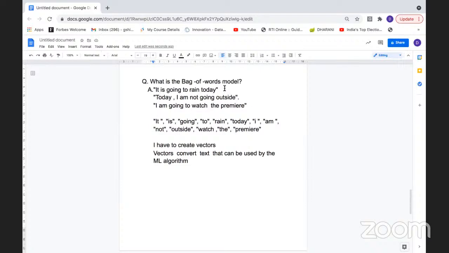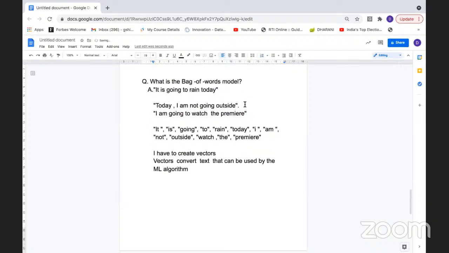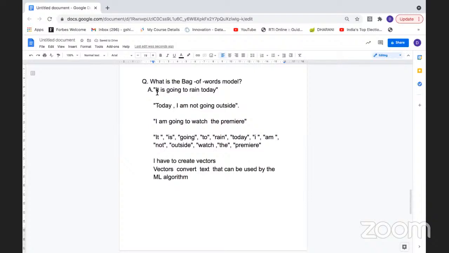If I write the same statement, right? So how will I get the numbers here? It is once, right? Is once, going as once, to rain today. So what happens here is each word is a token. You check how many times every word is repeated, and in that fashion you convert it into unigram or bigram or whatever, ngram.